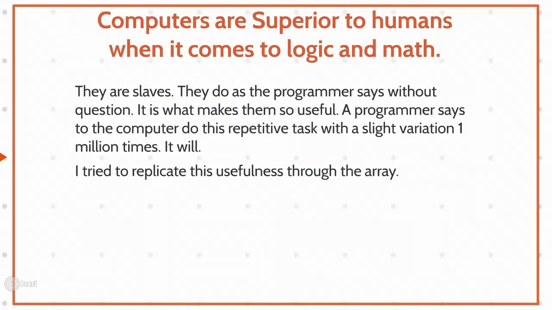Through the array and loop, it makes it easier because the loop just counts up one, and that one would be the next element in line in the array, so it's overall easier. I tried to replicate computers being able to repeat the same task over and over.